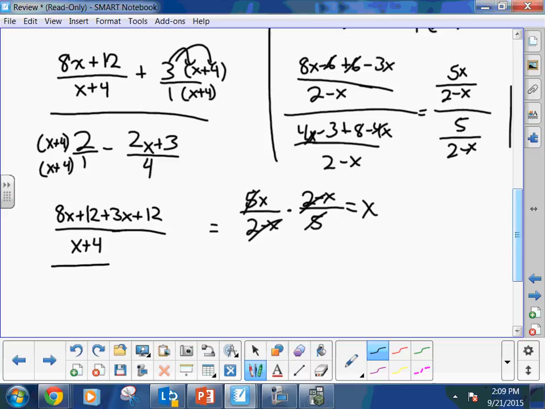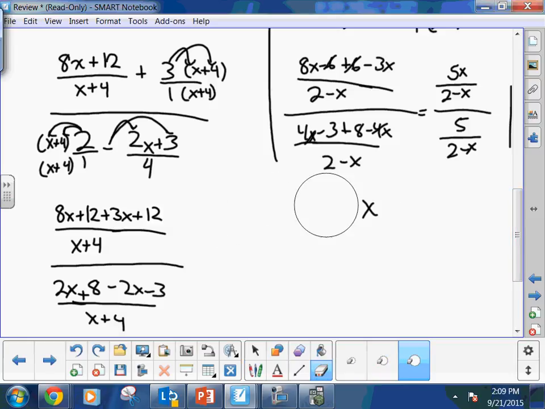And then over here, I'll have the ability to do x plus 4, a single denominator. I'll carry this. It's going to be 2 times each one of these, so I'll have 2x plus 8. And then this negative needs to be distributed to both of this. So minus 2x minus 3. All right, so let's go ahead and continue this way.